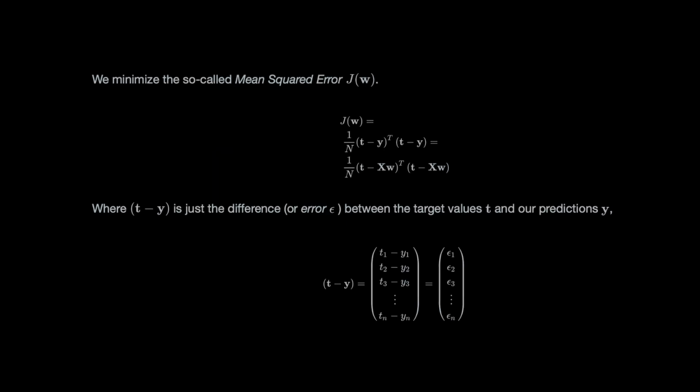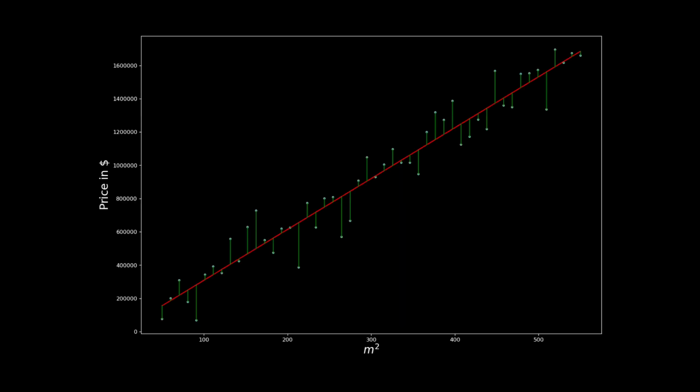But how can we find the optimal weights? We do that by minimizing the so-called mean square error J in function of W, where t minus y is just the difference, or error epsilon, between the target values t and our predictions y. To have a visual understanding on what we're talking about, the various epsilon sub i correspond to the green segments in this image.